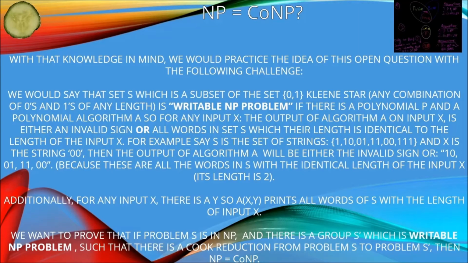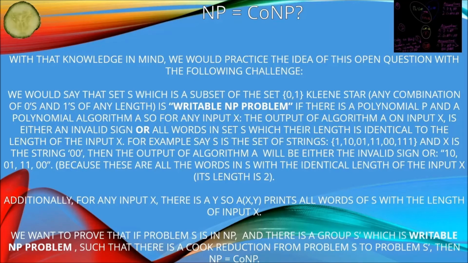For example, say S is the set of strings 11, 00, 111, 001, and 100, and X is the string 00, then the output of algorithm A will be either the invalid sign or 11 and 00, because these are all the words in S with the identical length of the input X. Its length is 2, of course.